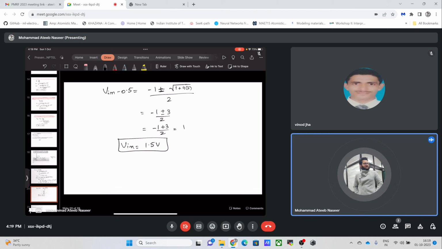Because negative condition we cannot take for this V in, because in that case VGS will be negative. Since we are dealing with this N channel, if we are having negative VGS, it would have meant that the device is in accumulation, but we are in saturation.